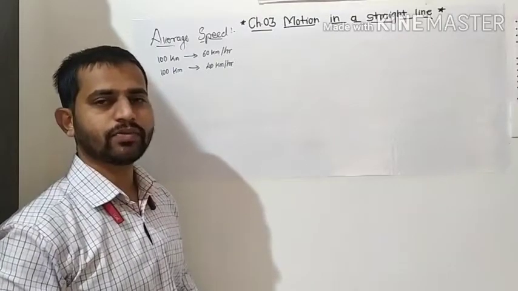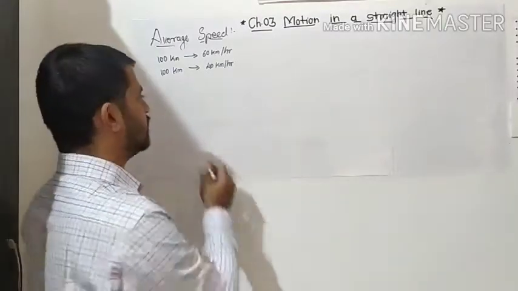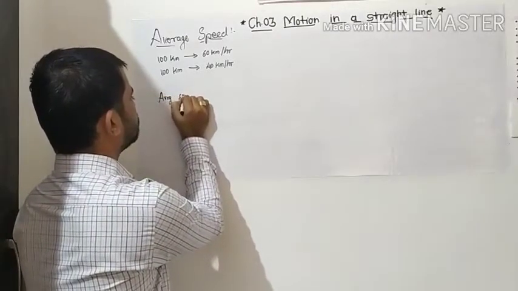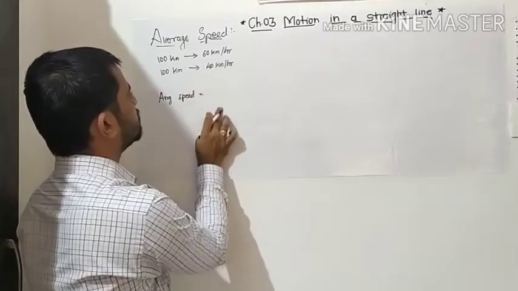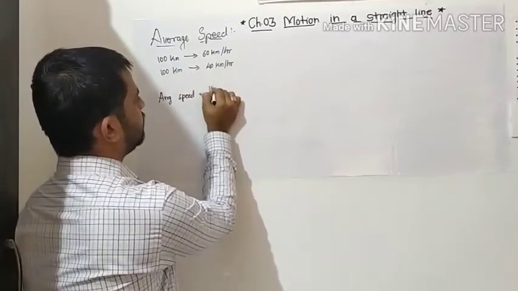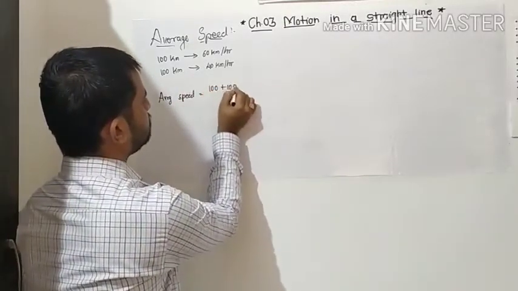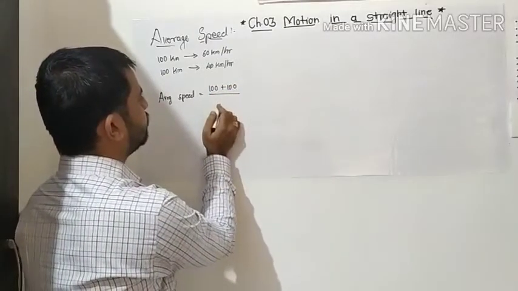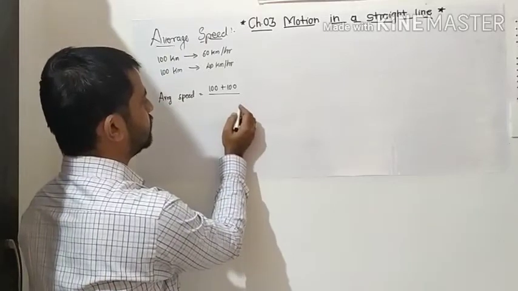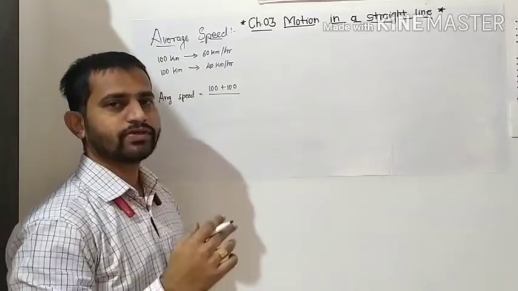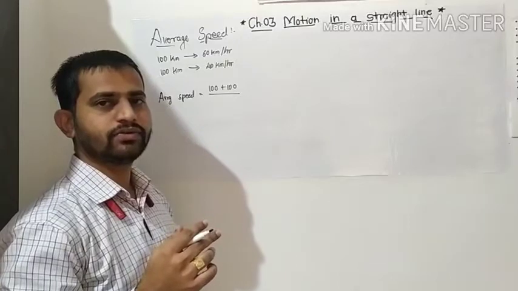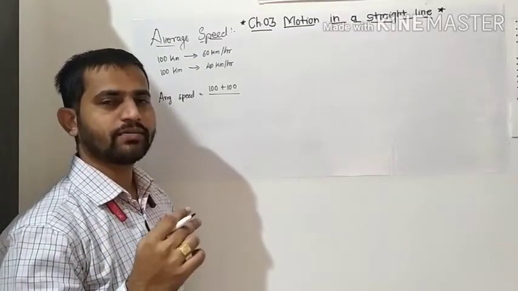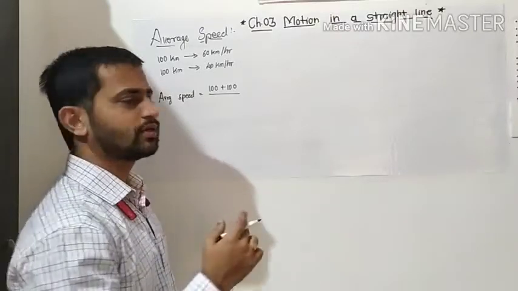We know the formula of the average speed: total distance covered upon total time. The distance covered is 100 plus 100. And what is the time? We don't know the time. Speed is equal to distance upon time, so time is equal to distance upon speed.